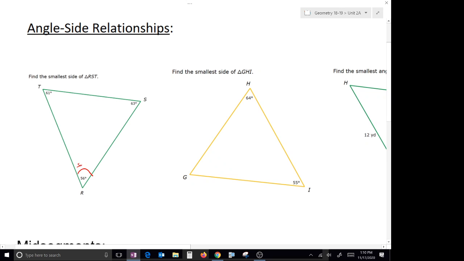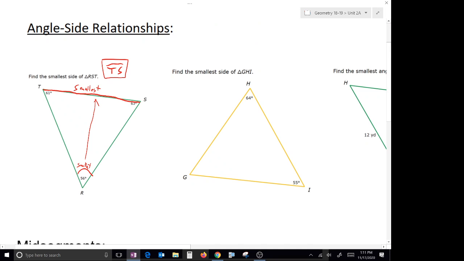That is our smallest angle, and that is going to be across from our smallest side. So the answer would be TS or ST, whichever order, doesn't matter.